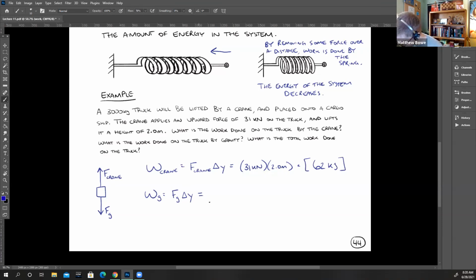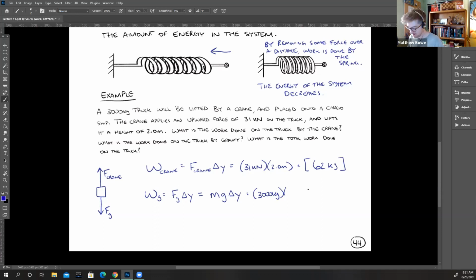Well, the force of gravity, we need to break this up a bit more. So we have mass of the truck times acceleration of gravity multiplied by displacement, which then also goes straight into 3,000 kilograms. The acceleration of gravity is downward and is negative.